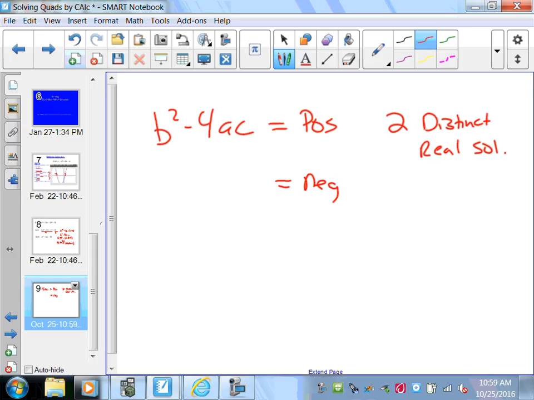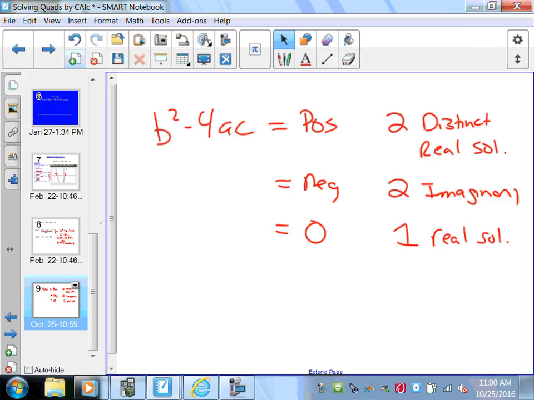It's always 2. Right? Then what's the last case? If it's equal to 0, then how many real solutions does it have? Just 1, because it's a double root. So this one has 1 real solution. Right? First 2 questions on your quiz, first 2 questions on your test.